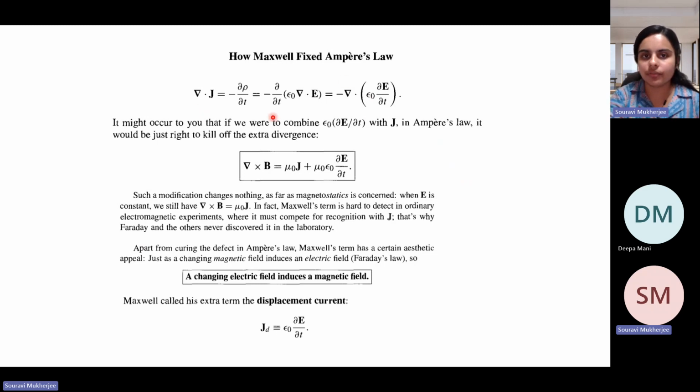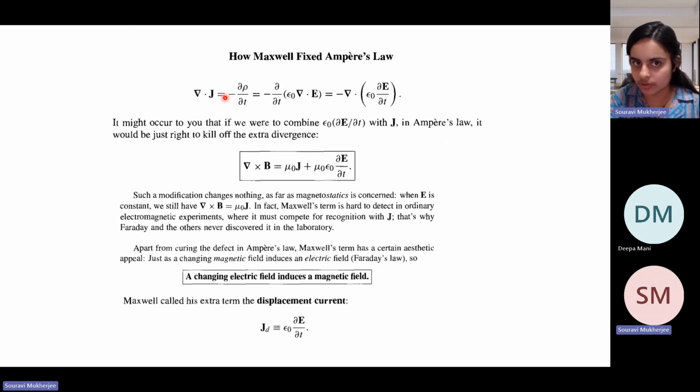So what did he do? He asked where the problem is coming from. The problem is coming from the fact that when you take the continuity equation, your divergence of J is always equal to this term, right? So if you take this term on this side, and consider the entire term, divergence of J plus epsilon naught del E del t, then this total will always be divergenceless, right?